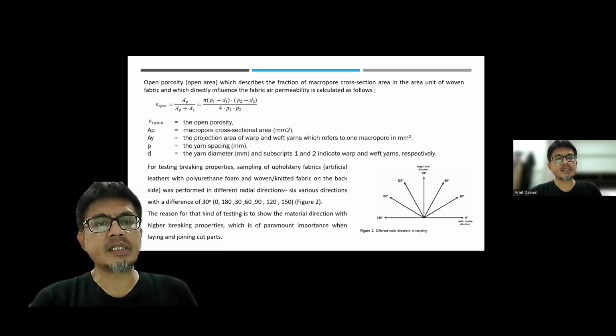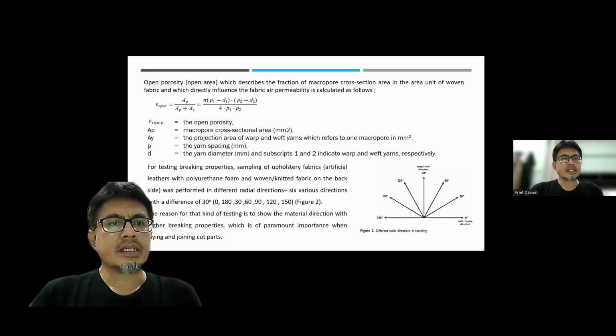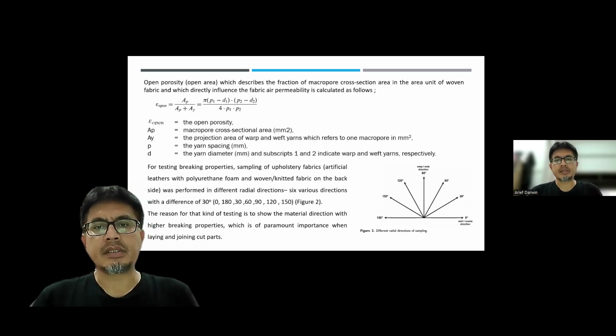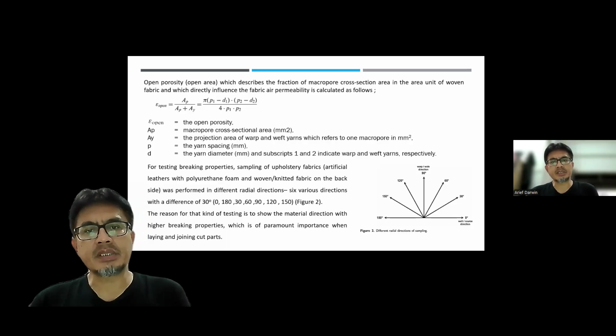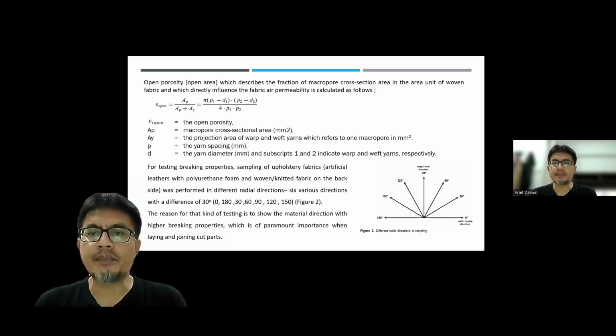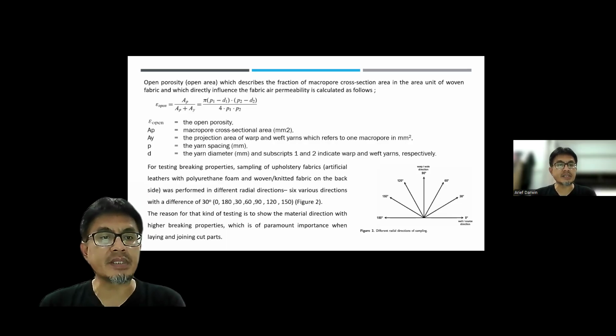P is the yarn spacing in millimeters, and D is the yarn diameter. There are two yarn diameters in this case, for the warp and weft respectively.